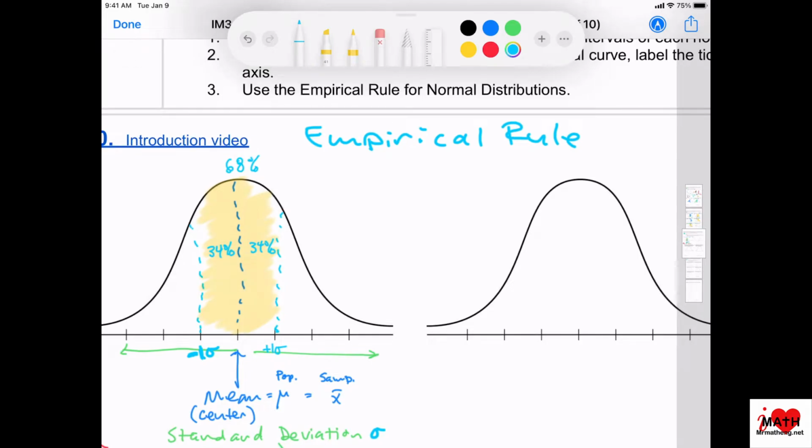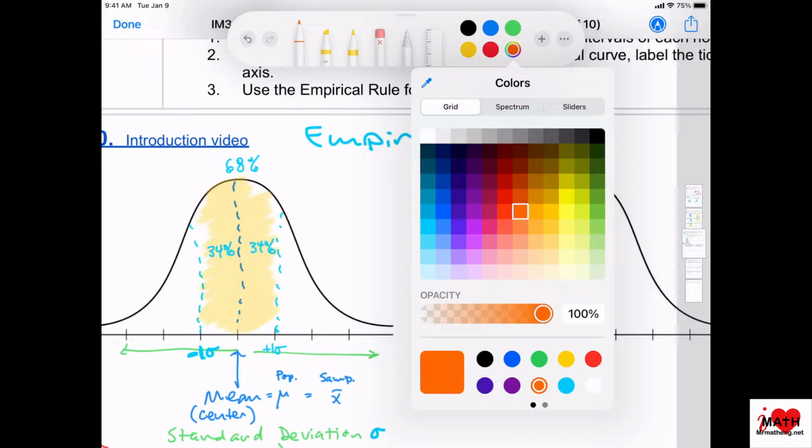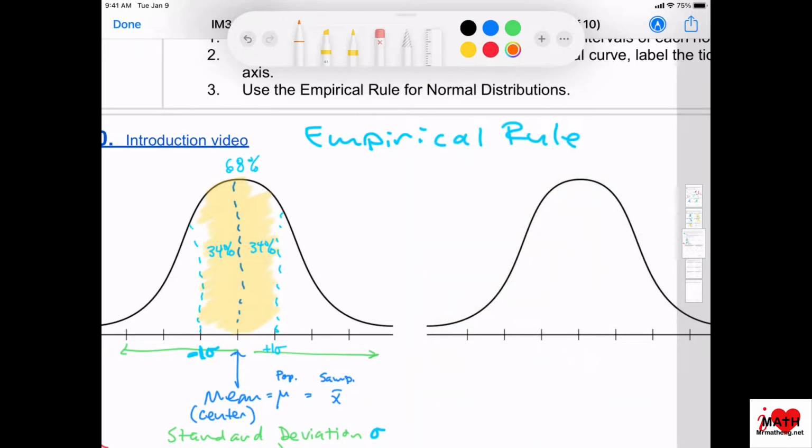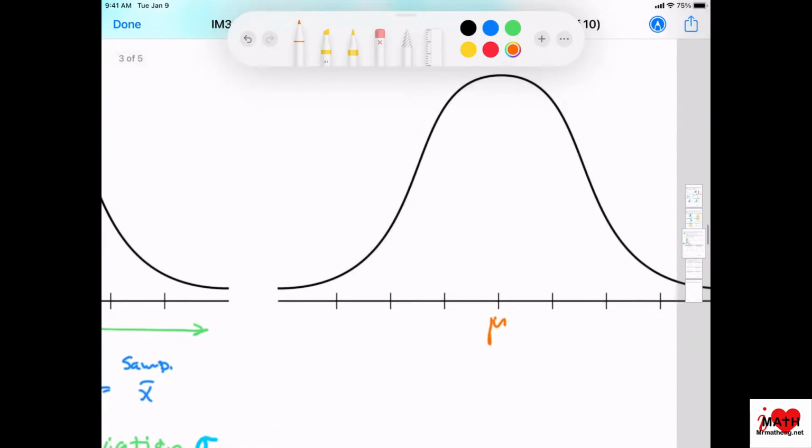Okay, the next part of the empirical rule is within 2 standard deviations, so here again is the mean. This would be a +2. This would be a -2. And these numbers are always, so an empirical rule always, between 2 standard deviations.